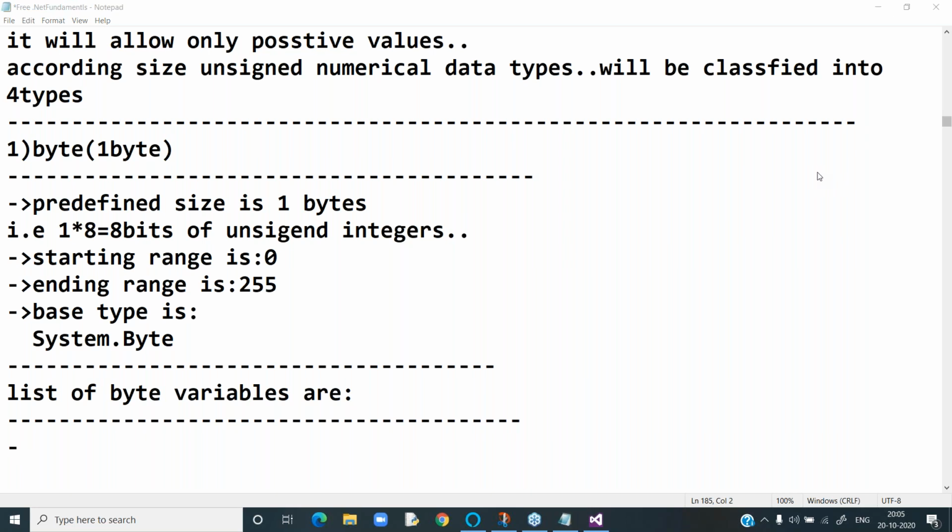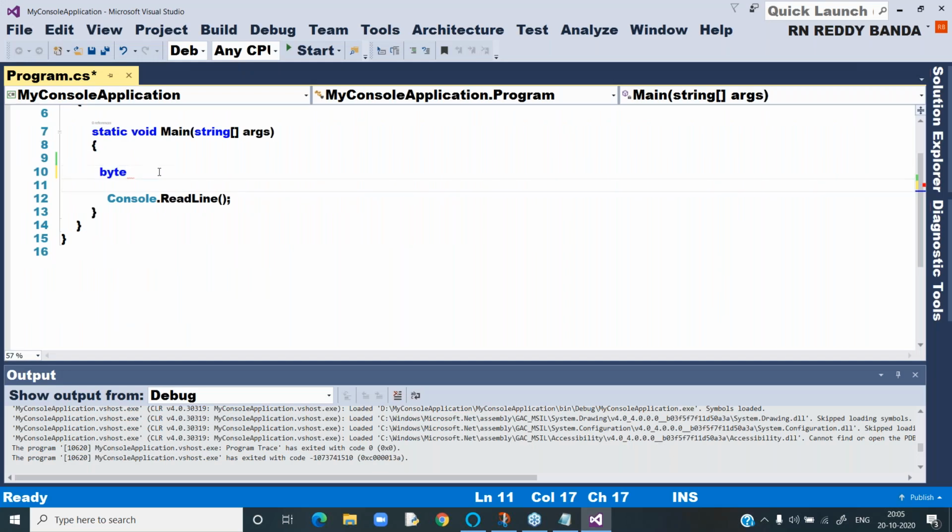Are you ready? Hello, all of you guys. List of byte variables: byte A equal to 10, valid or invalid? Valid. Byte B equal to minus 10, come on, answer this question. Valid or invalid? Invalid.